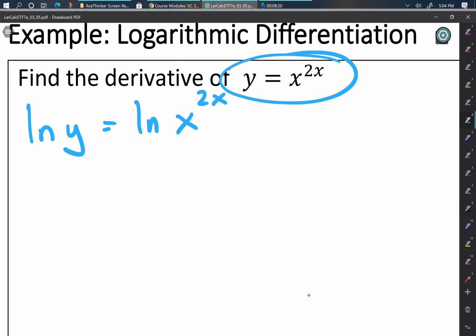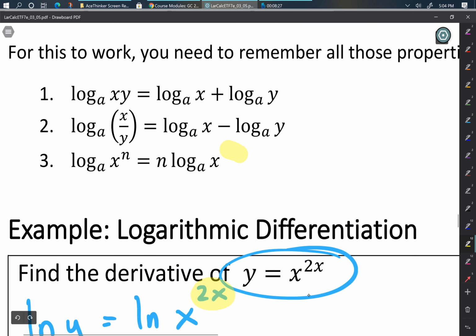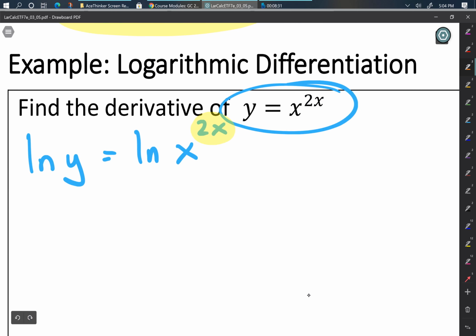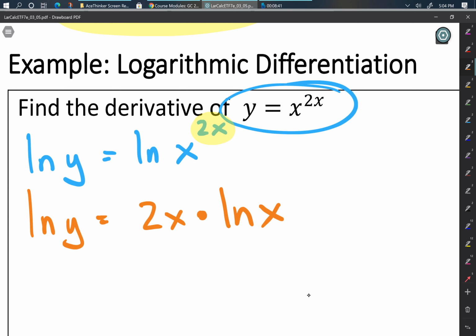And now I'm going to fix the offending issue because this exponent, because it is now sitting in a logarithm, can now be pulled out in front. And so then this becomes the natural log of y is equal to 2x multiplied by the natural log of x. And now I have an equation there that I can take the derivative of.